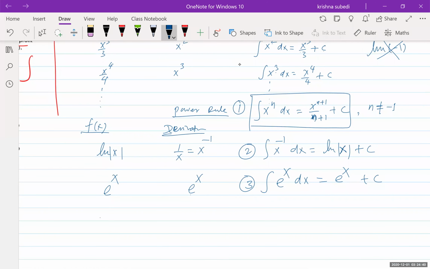Now suppose you are given e to the kx over k, where k is a constant, for example. What is the derivative? The derivative is e to the kx. So the antiderivative of e to the kx dx is going to be e to the kx over k plus c.